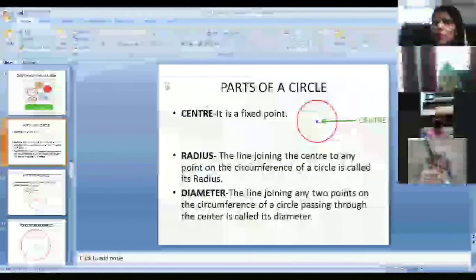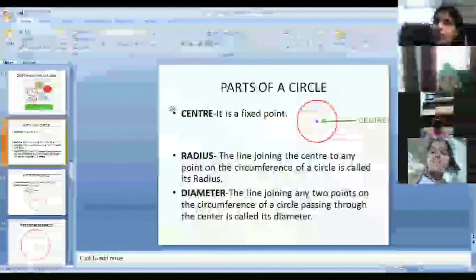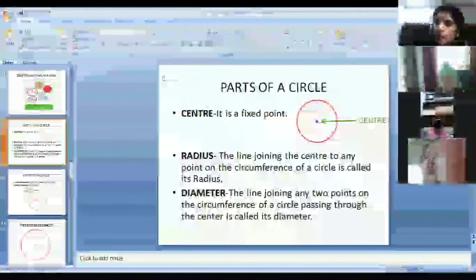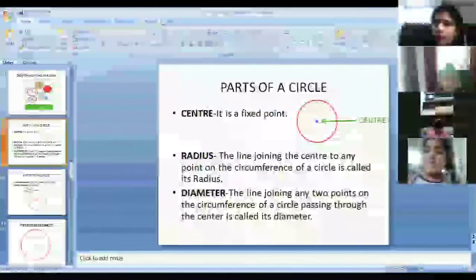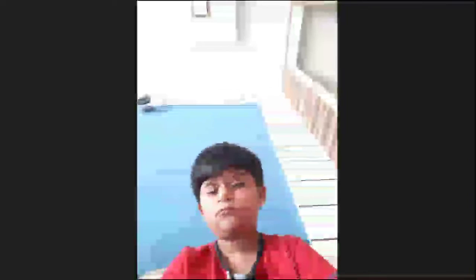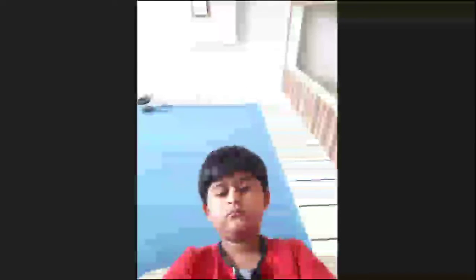Is there any doubt, children? You can raise your hand. So the center is a fixed point. It has a fixed point and a radius. Suppose this is the circumference.